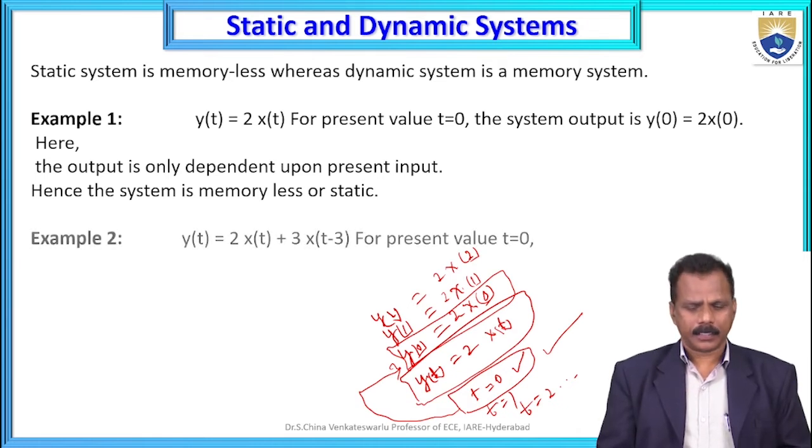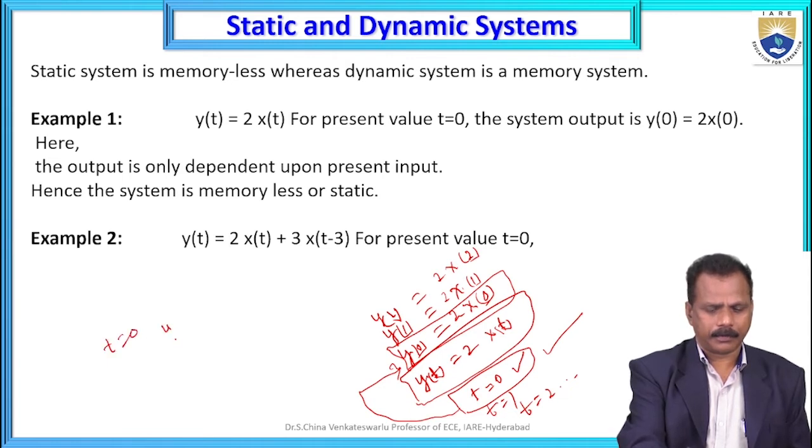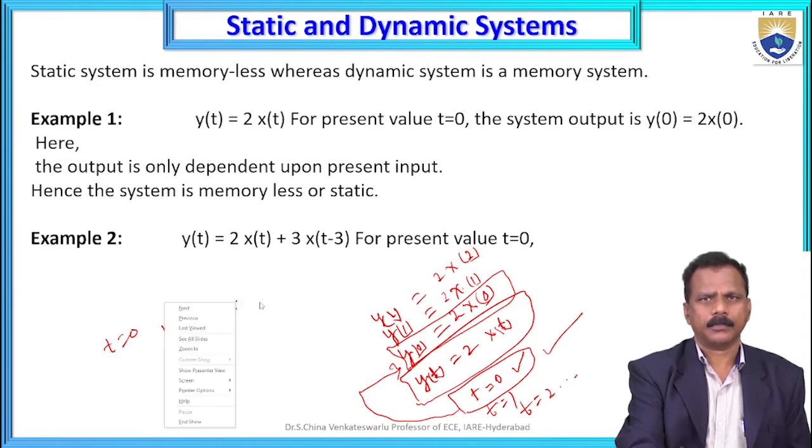Okay, next coming to the next example where y of t is equal to 2 into x of t plus 3 into x of t minus 3. For present value t equal to 0, y of 0 is equal to 2 into x of 0 plus 3 into x of 0 minus 3.